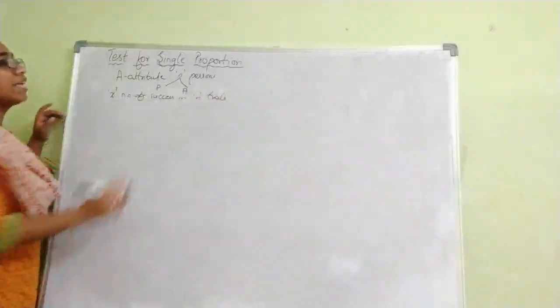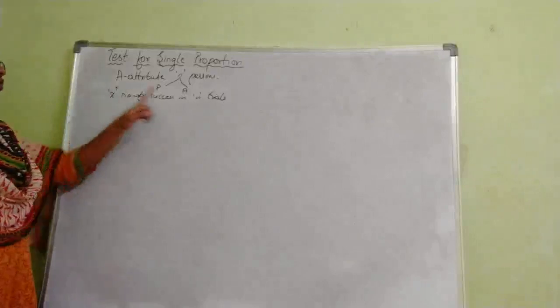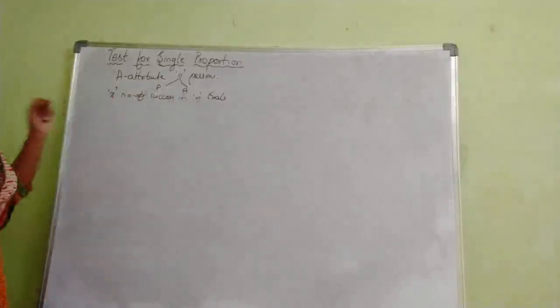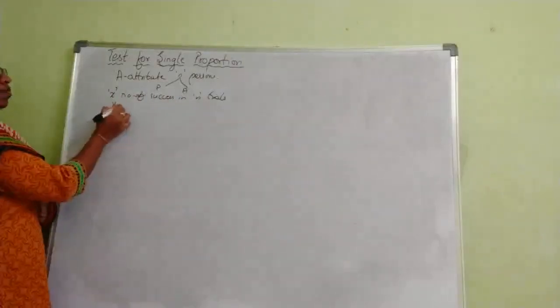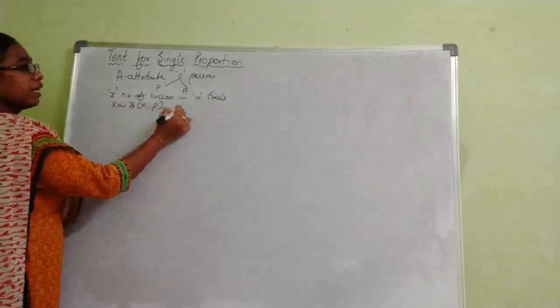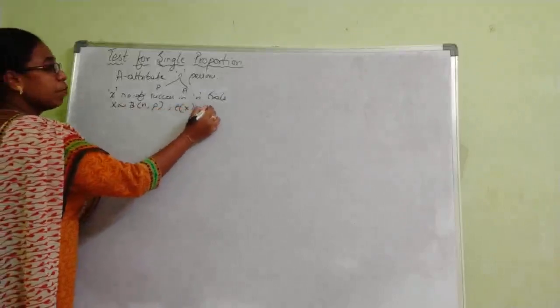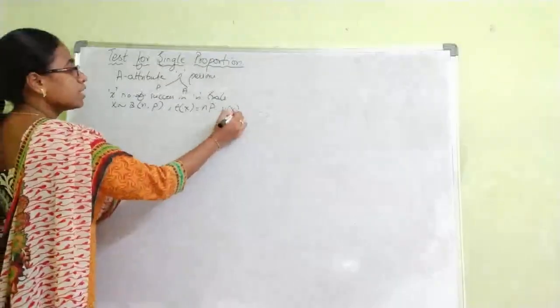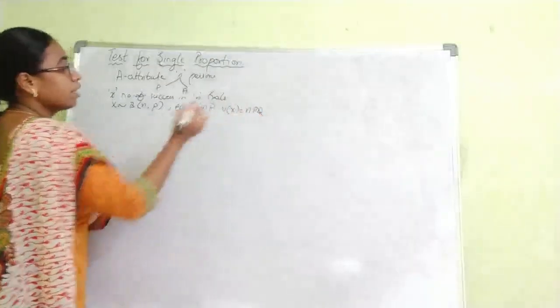All the trials are independent, every person is independent. So out of total n independent trials, x number of successes means x follows binomial with n comma p, where expectation of x equals np and the variance of x equals npq.